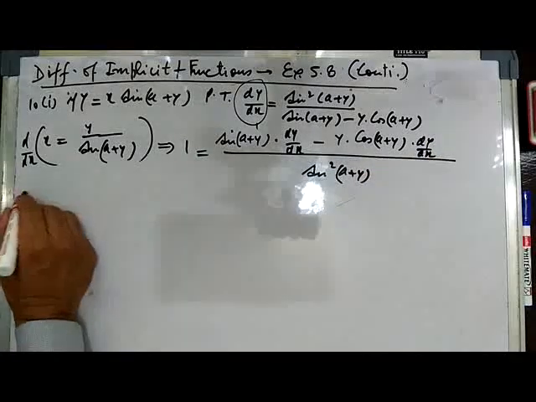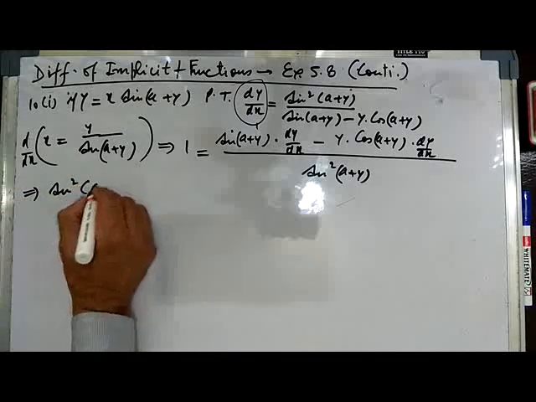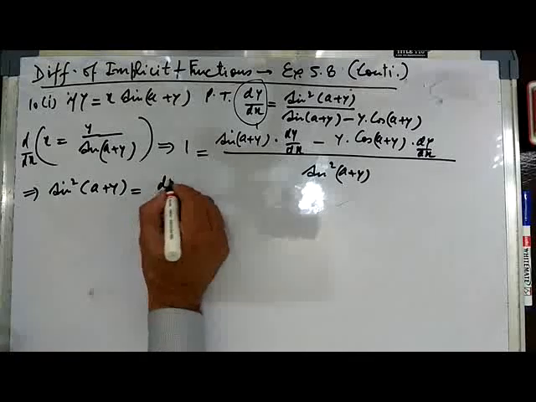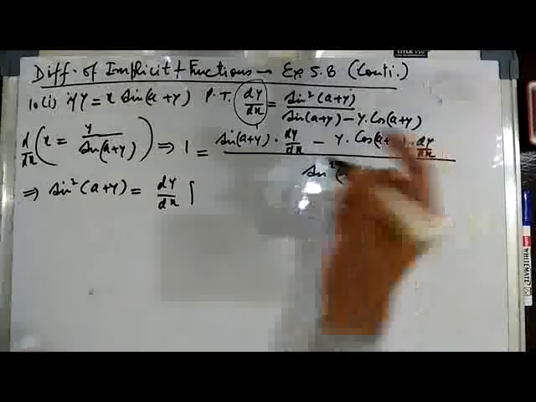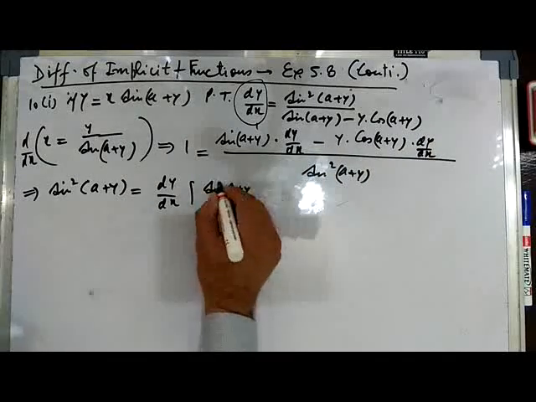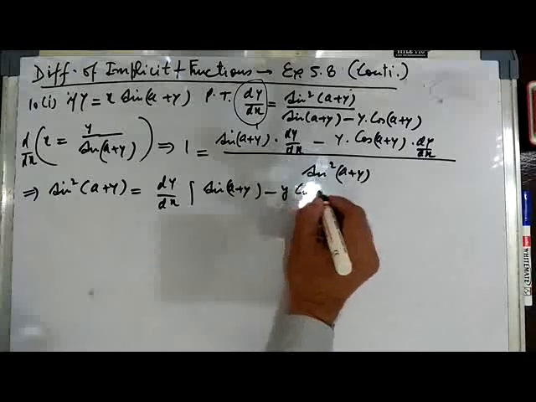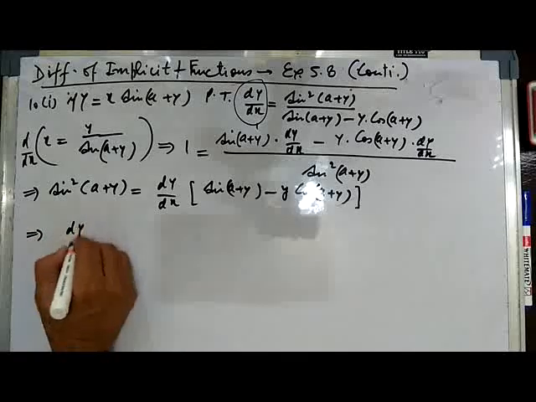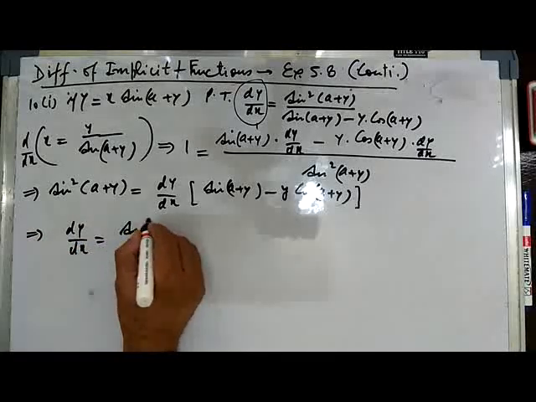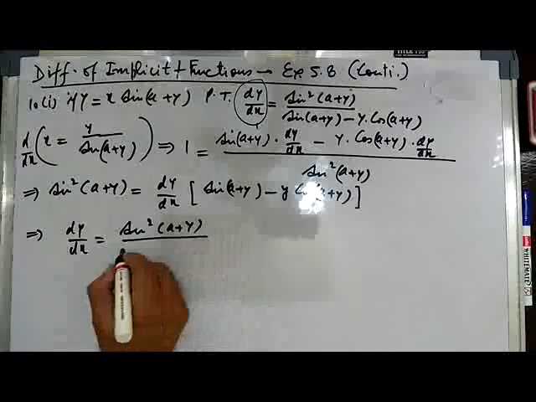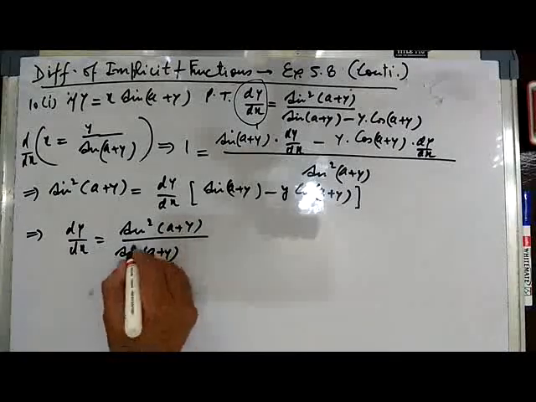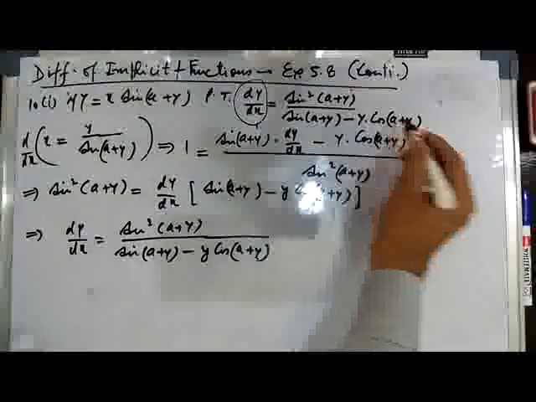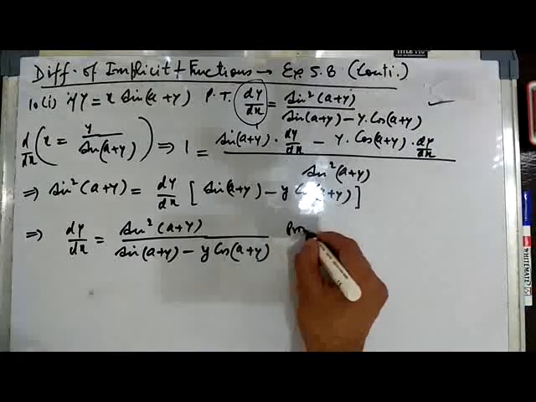Now this is cross multiplied here. sin squared(a plus y) equals, we may take dy/dx common here in the numerator, sin(a plus y) minus y cos(a plus y). So finally dy/dx will be sin squared(a plus y) upon sin(a plus y) minus y cos(a plus y). That was the proof.